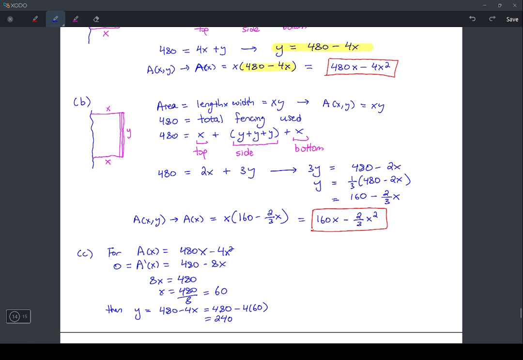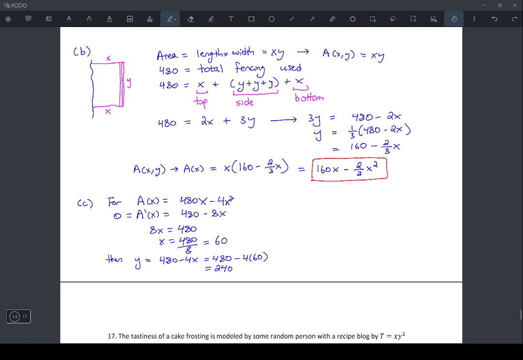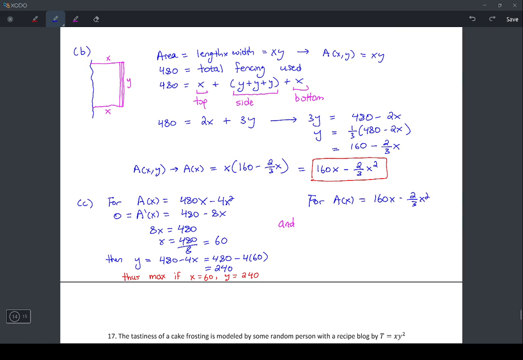So for this part, thus max if x equals 60, y is equal to 240. And then for the other one, for A of x equals 160x minus 2/3 x squared, we're going to set the derivative to 0. 160 minus 4/3 x is equal to 0.